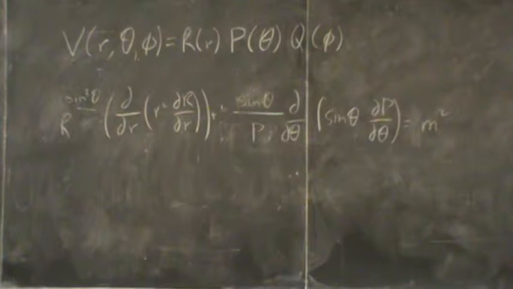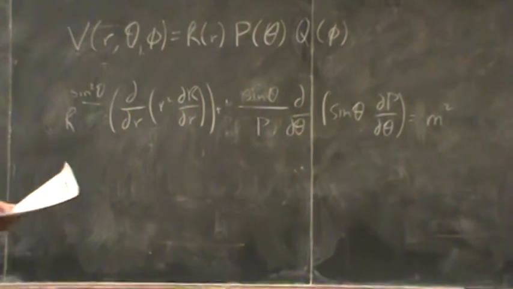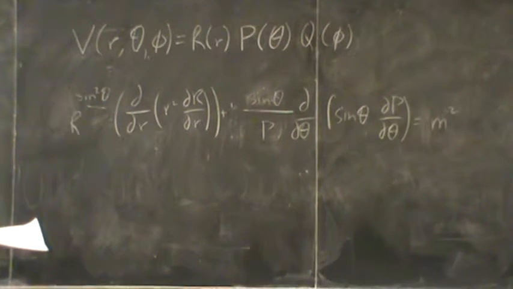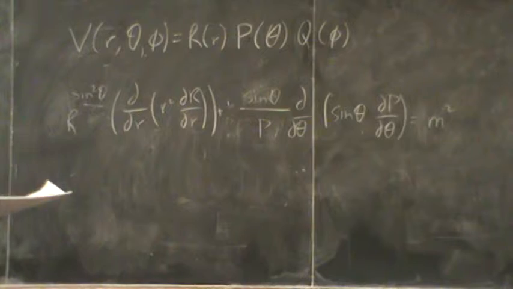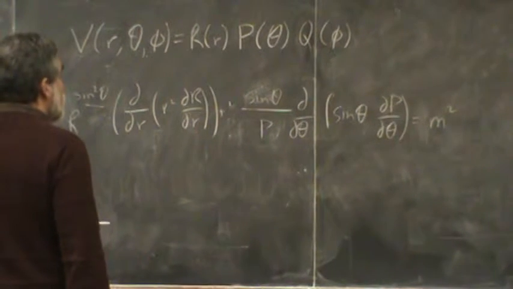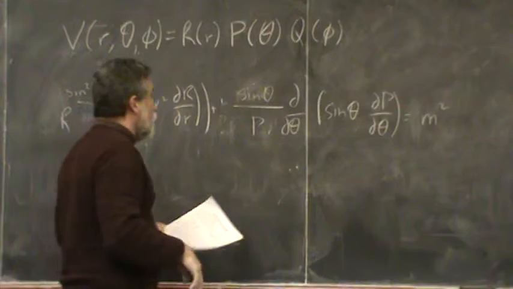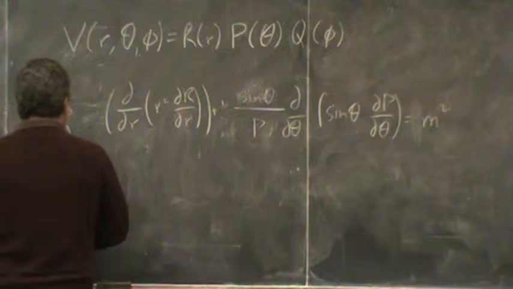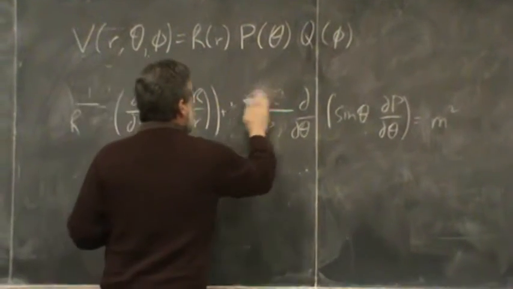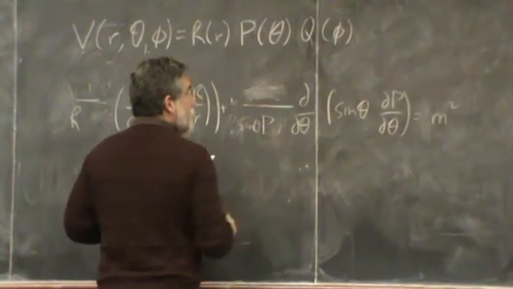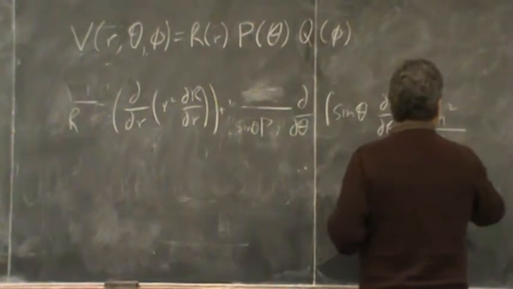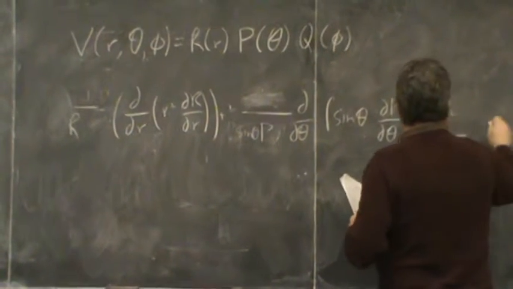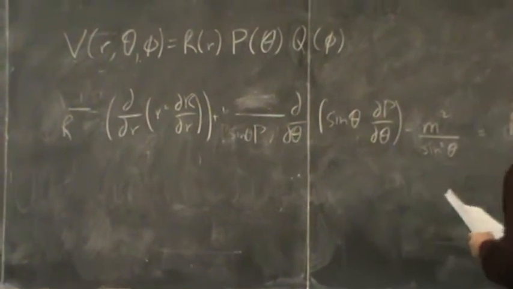Now I'd like to somehow isolate the function in theta and isolate the function in r. That is not so bad if I divide by sine squared theta again. I multiplied by sine squared theta, now I get rid of it. Put it all on one side of the equation, equals 0.